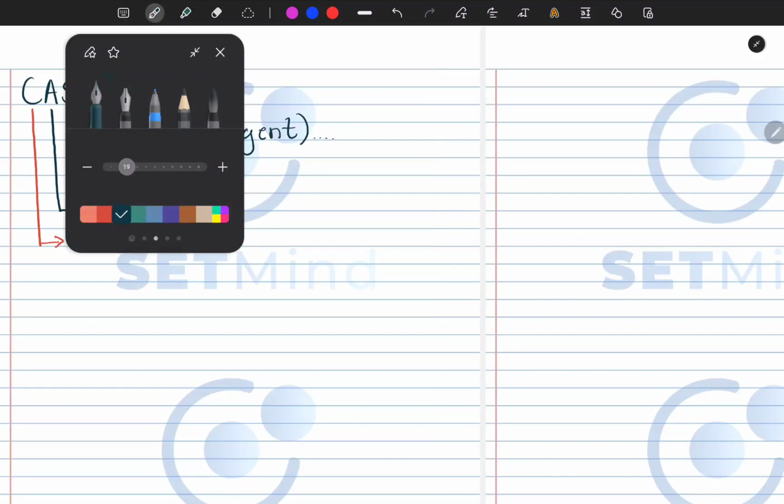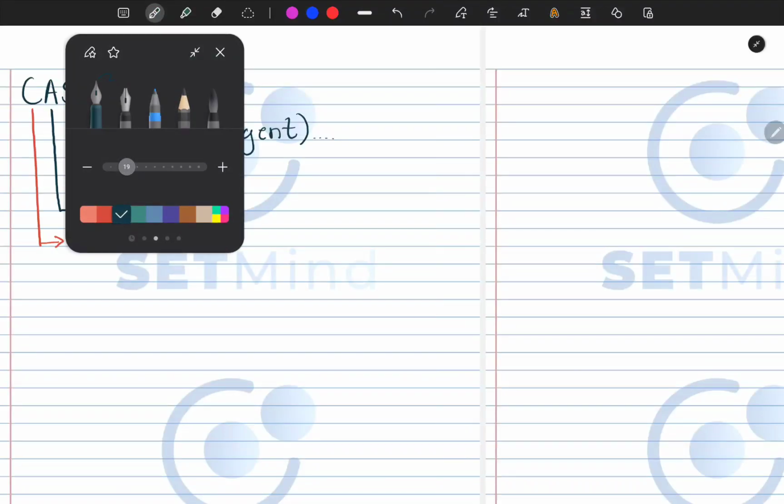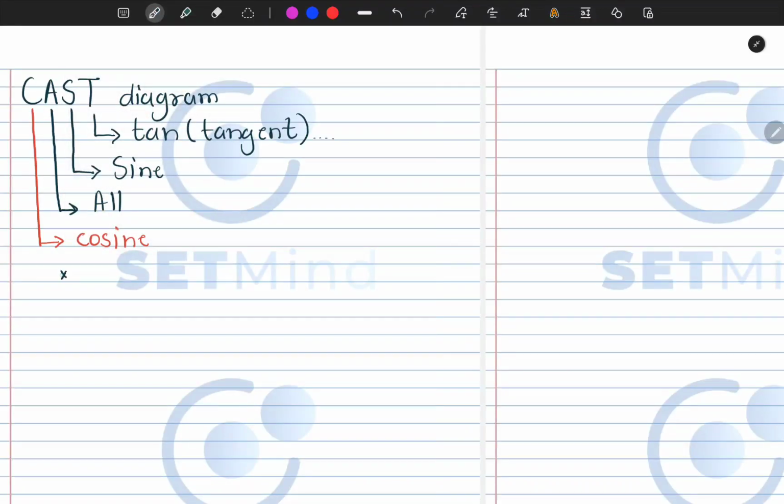So the CAST diagram tells us in which quadrants sine, cos, and tan are positive or negative. Let's focus on that. The diagram we are going to look at first is in degrees.